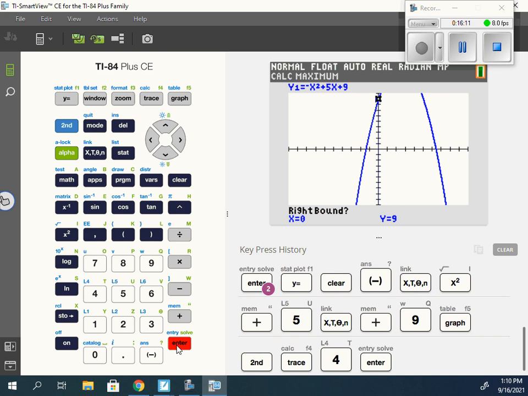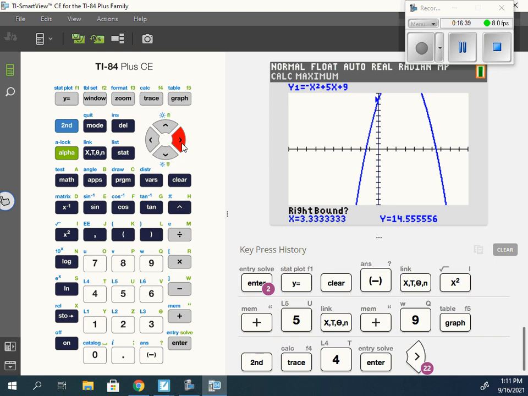So there's two ways we can do it. One, we can just keep hitting right till we see that cursor pop back up, or we can track the values. Because if I look at this here, y is 9 right now, 10, 11, 12, 13, 14, 15. Wait a minute. Did we just go back down?